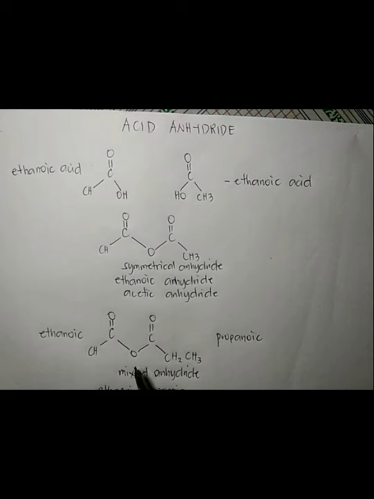Since this is an anhydride, we will add anhydride. So the common name of ethanoic propanoic anhydride is acetic propanoic anhydride.